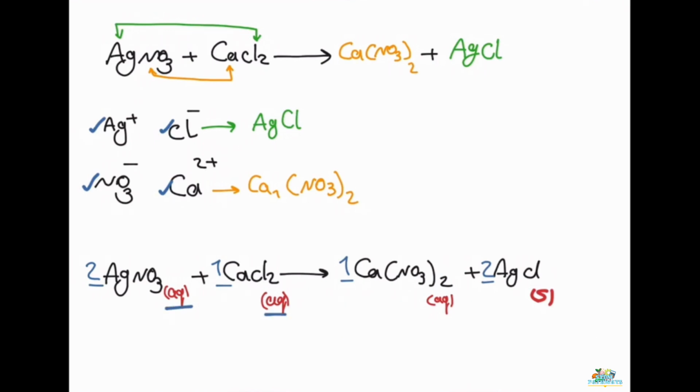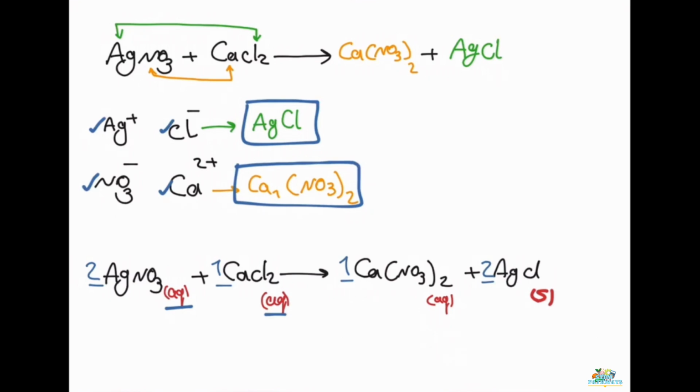Now, because it is a double displacement reaction, both compounds should change. So here, Ag instead of NO3 will be joined to Cl-, and we will have AgCl. And the NO3 will be joined to calcium, and we will have Ca(NO3)2, as you see here.